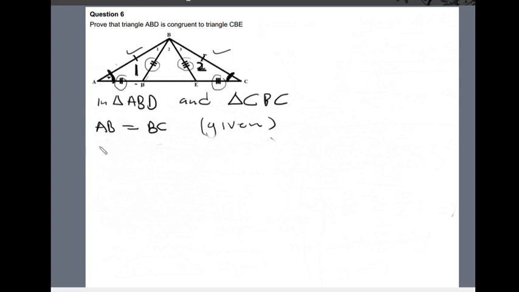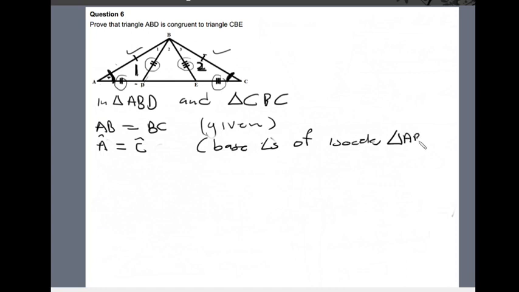So I'll say angle A is equal to angle C, right? These are the base angles of isosceles triangle ABC.